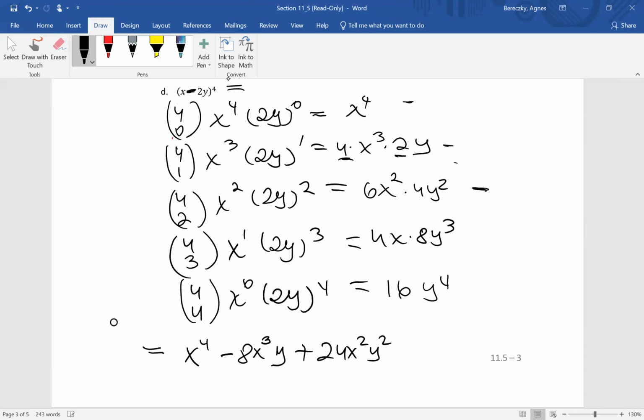So over here, 6 times 4. 4 times 8 is 32 xy cubed, and plus 16y to the fourth. So that will be our final answer.